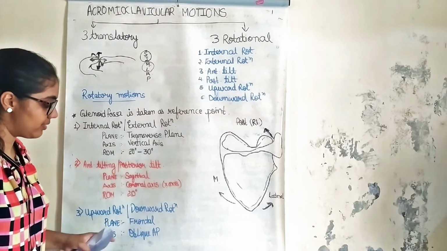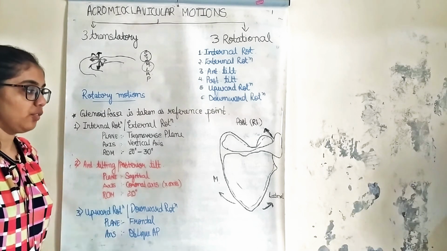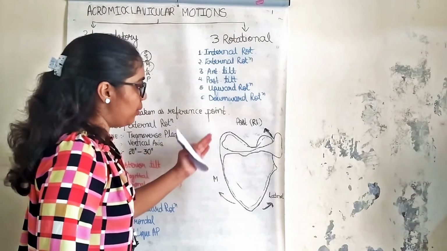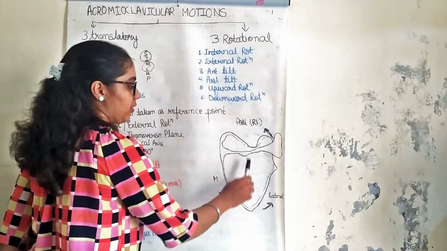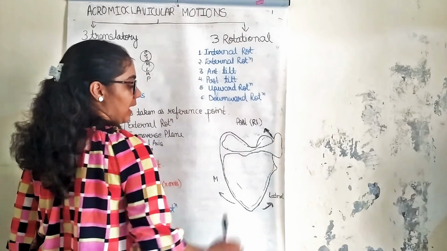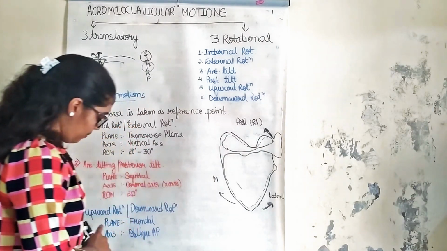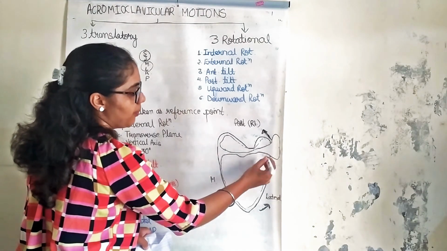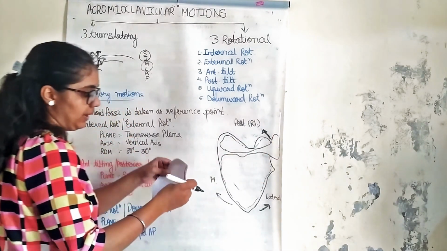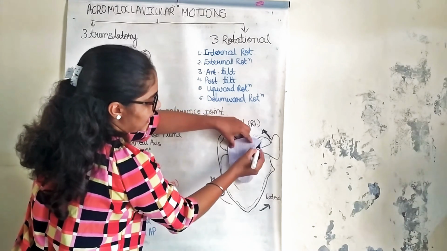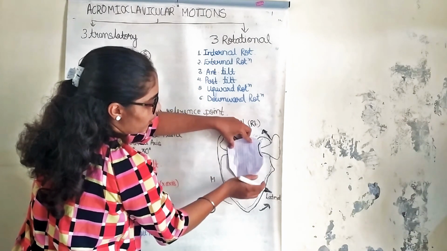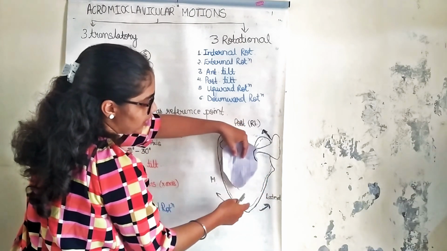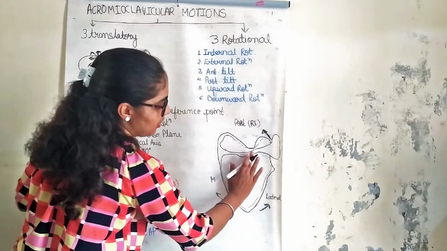Now the last motion is upward rotation and downward rotation. For example, here is the scapula, with the posterior part of the right side scapula shown broad. In upward rotation, the glenoid fossa moves upward, as shown, and the lateral part of the scapula also moves upward in this way.